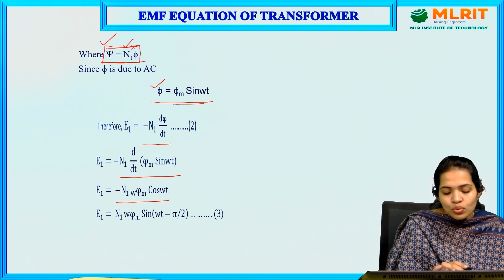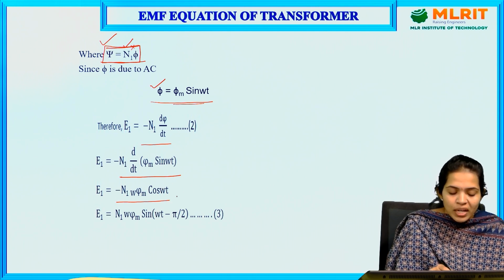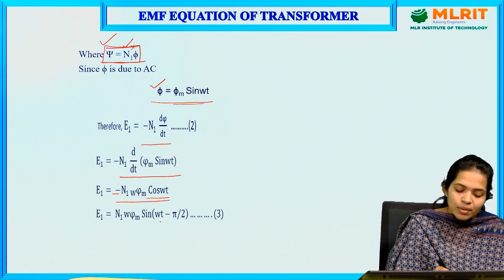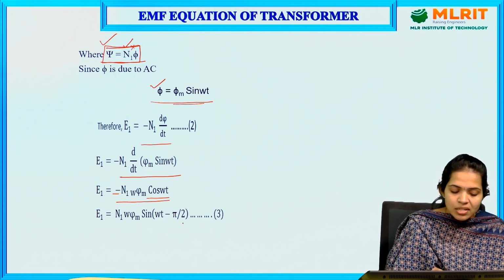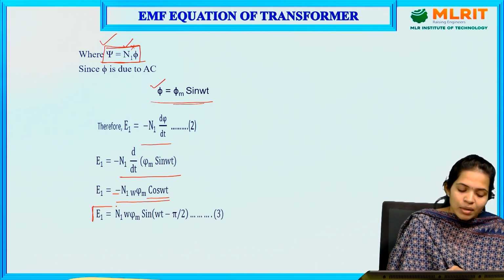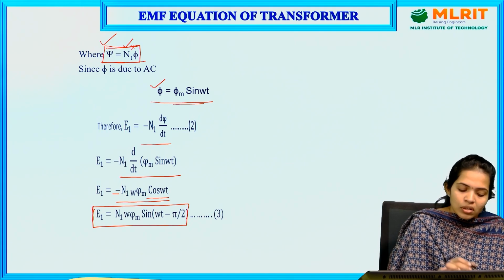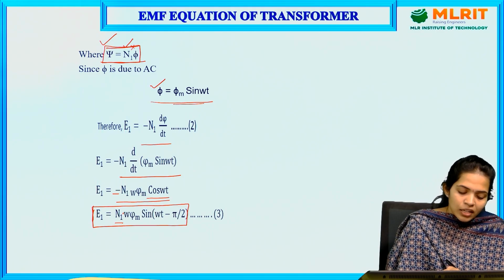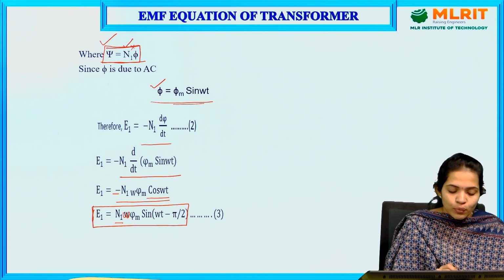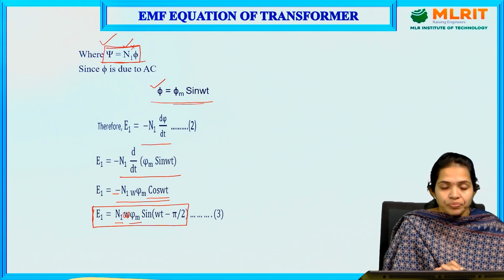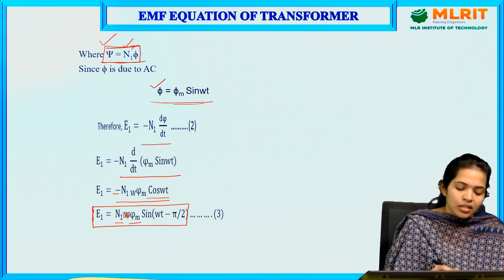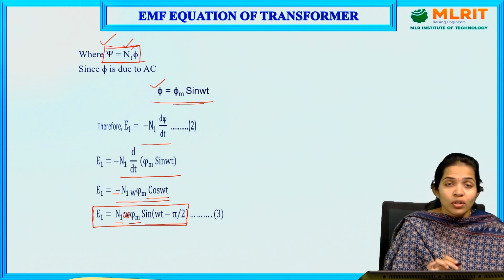minus N1 into omega phi m cos omega t. So we have a negative sign here, we have the cos term here. We can rewrite this minus cos omega t in terms of sin omega t minus 90. So the entire EMF equation is now reduced to, in terms of number of turns in the primary winding, N1 omega phi m, where omega is the angular frequency and phi m is the maximum peak value of the alternating flux, and the sinusoidal component of the flux.